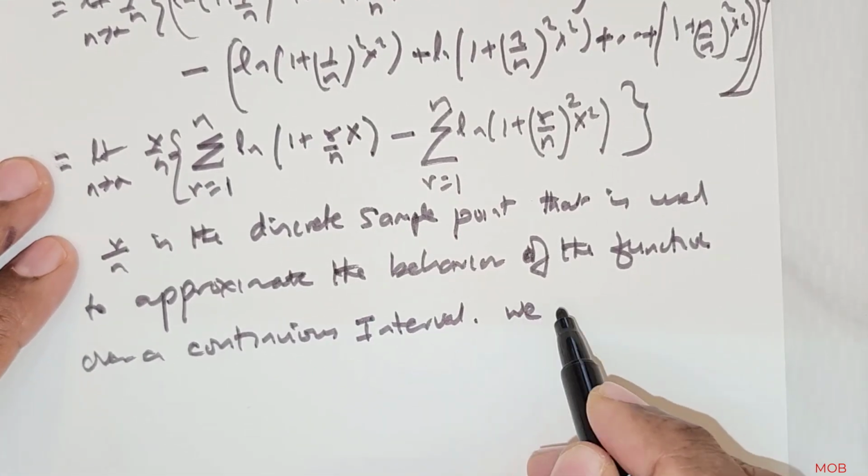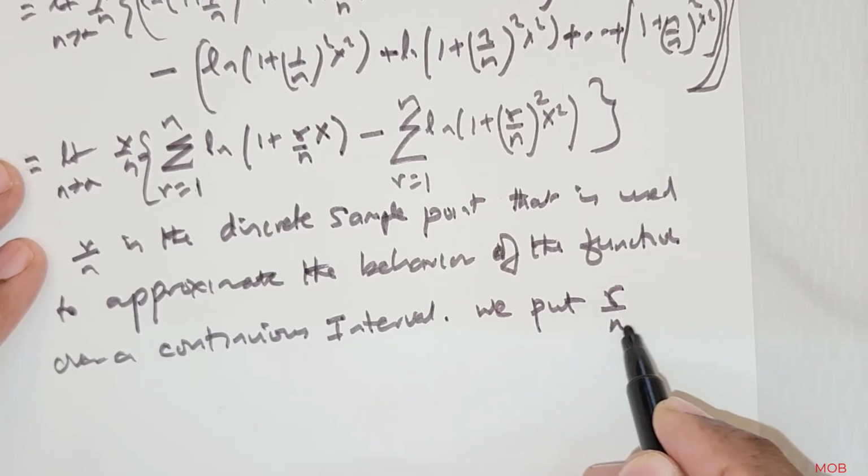So what we do is put r over n equal to y.